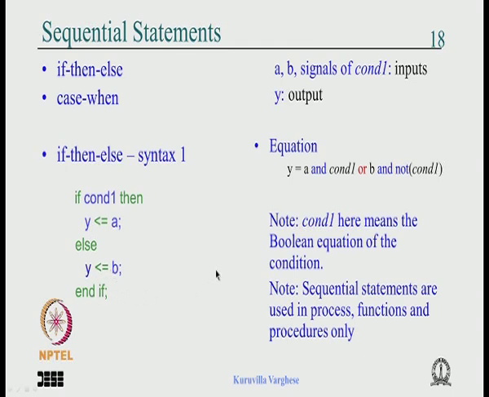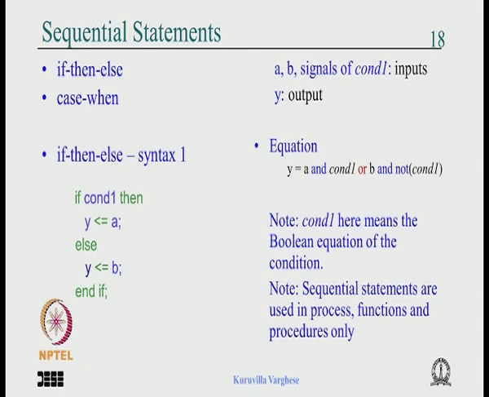So end if. a and b are input signals, and whatever signals are in the conditions are inputs. So the equation is y is a and condition 1, or, the moment you say else, b and not condition 1, which is exactly similar to the when else, okay.